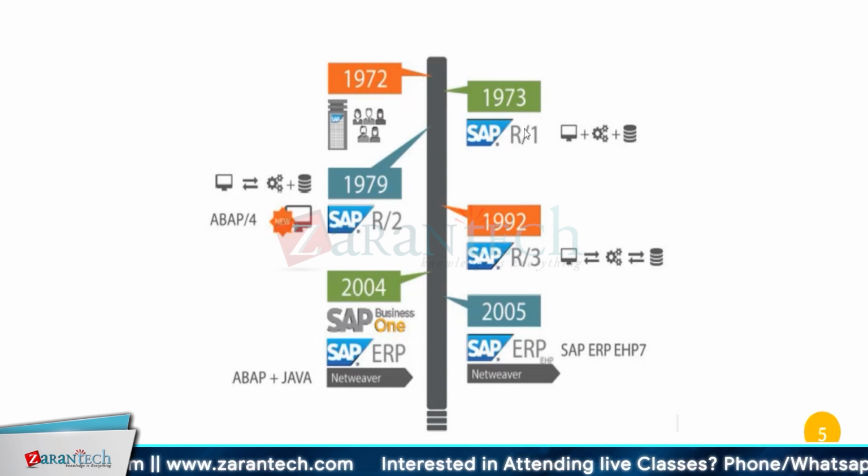The vision was to create a software that allowed real-time processing to enable businesses to operate more efficiently and smoothly. During that time, there were very limited softwares which were allowing businesses to operate in a more efficient way. So that's where the journey of SAP started.